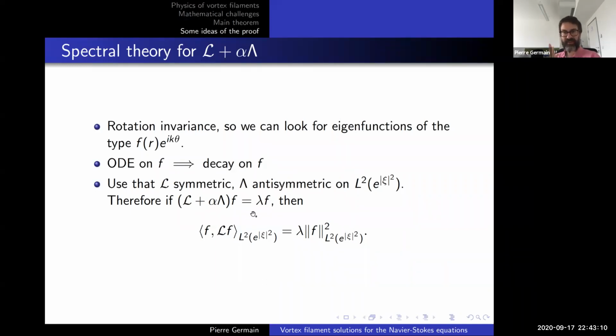So if you do an energy estimate in this weighted space, you can deduce that any eigenfunction has to be associated to an eigenvalue with a bound that comes from the spectrum of the Fokker-Planck operator. So this is a very nice argument that is in the paper by Gallay-Wayne.